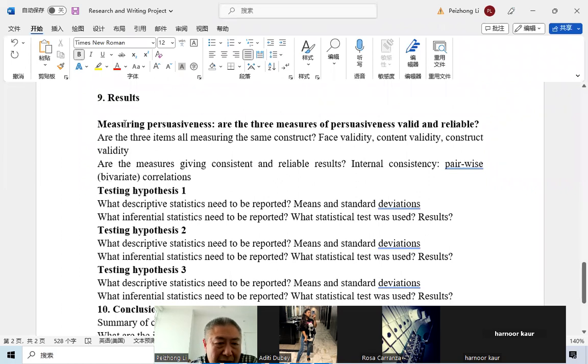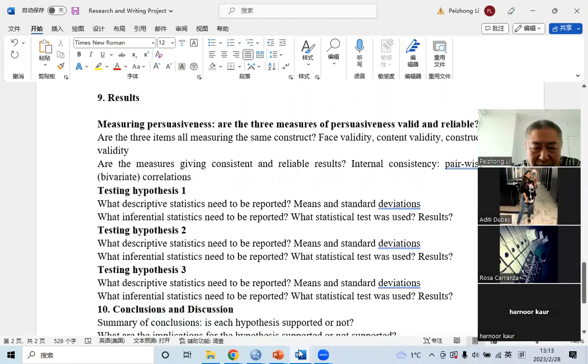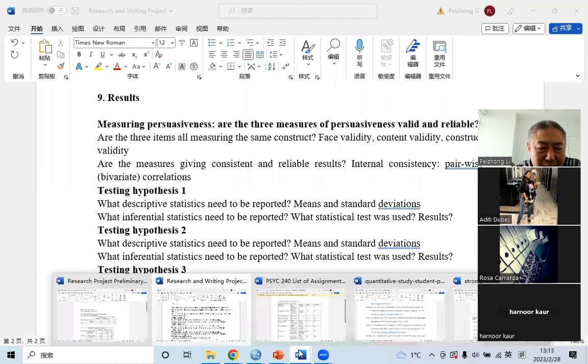First, you look at the dependent measures. How do you measure persuasiveness? Are they reliable? Do we have reliable and valid measures? And here, I'm going to give you a document. Remember last time I gave you the preliminary results.